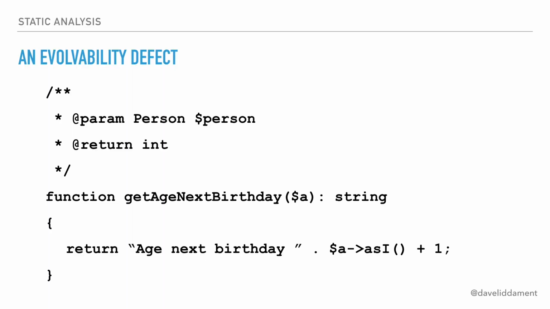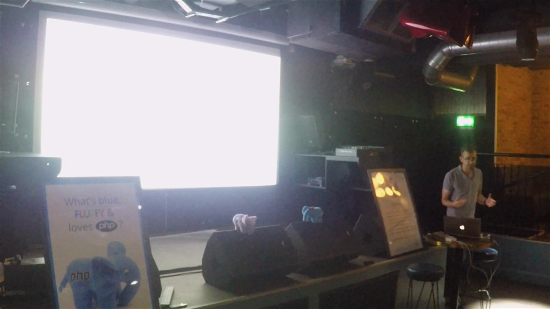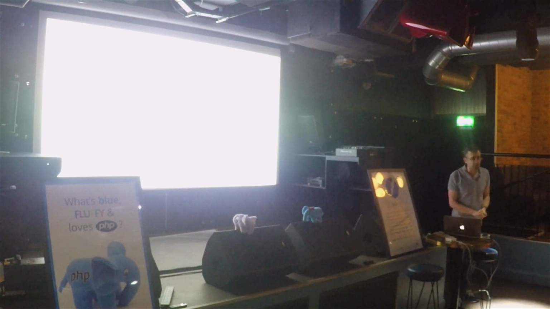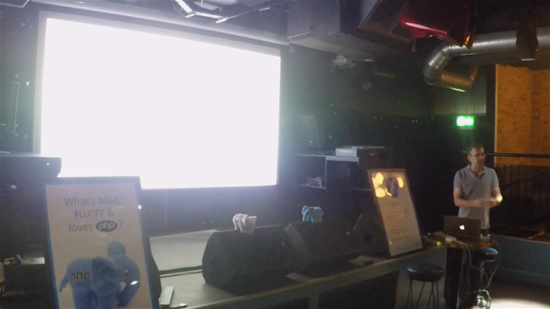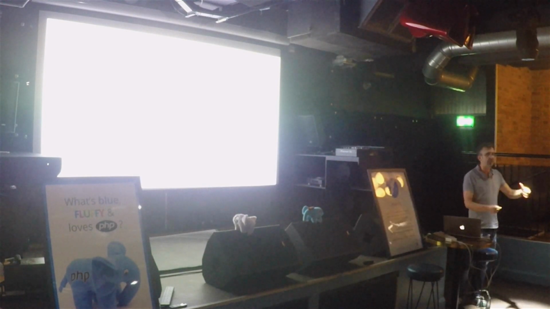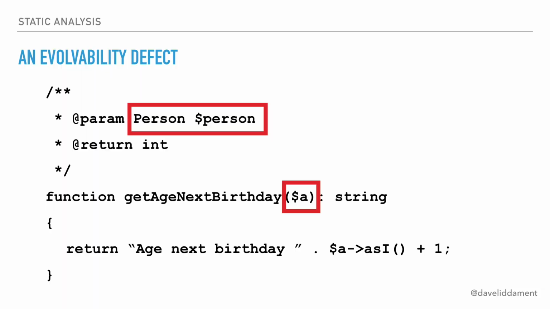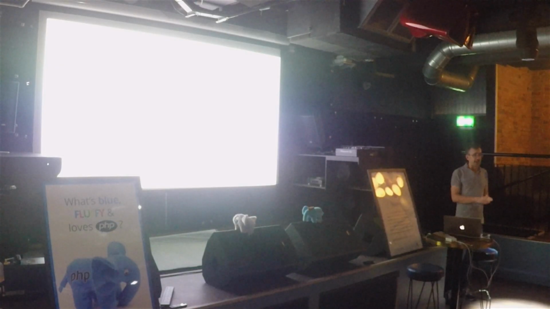So a very silly kind of evolvability defect here. We've got the doc block saying it returns an int, but the actual method signature says it returns a string. In this case, the method signature is right, but having something in the doc block that's wrong is confusing, and somebody might look at it and do the wrong thing. Then we don't really know what $a is. I mean, $a is a bad name anyway.